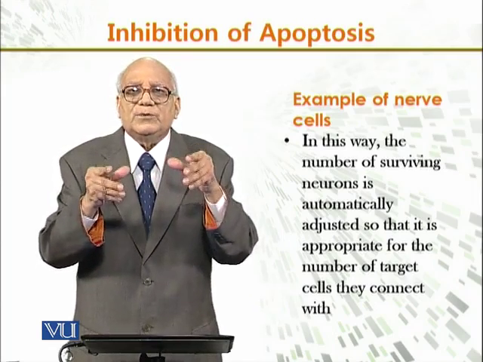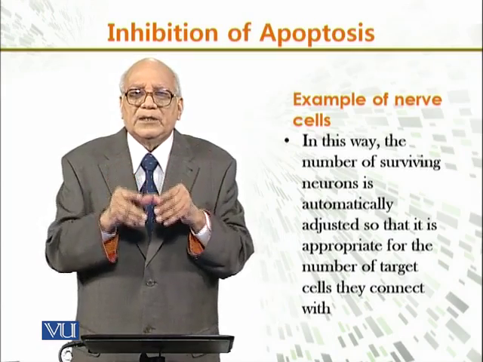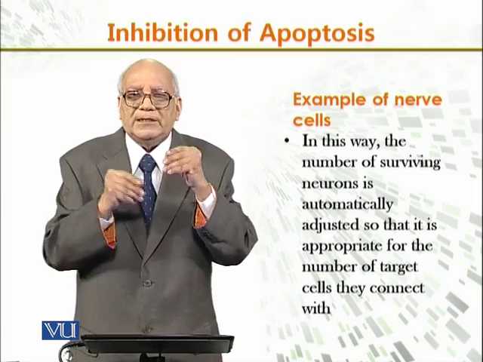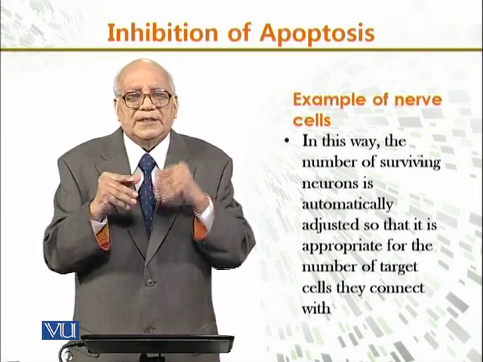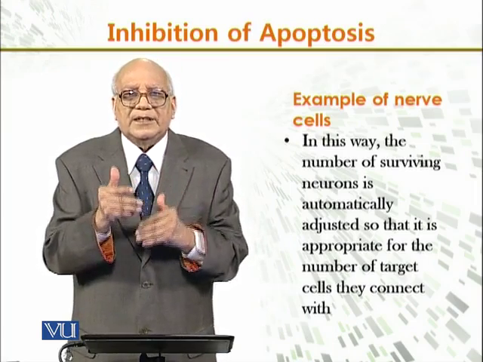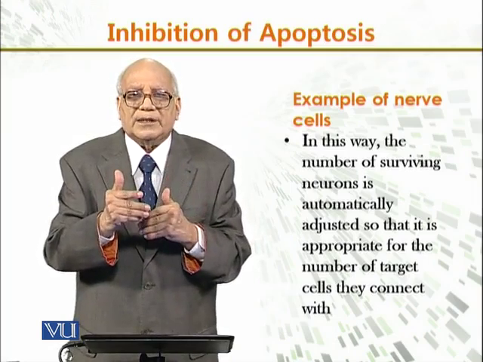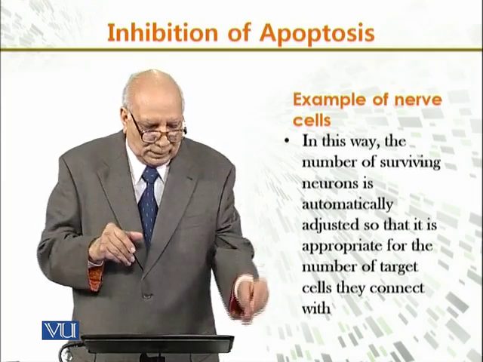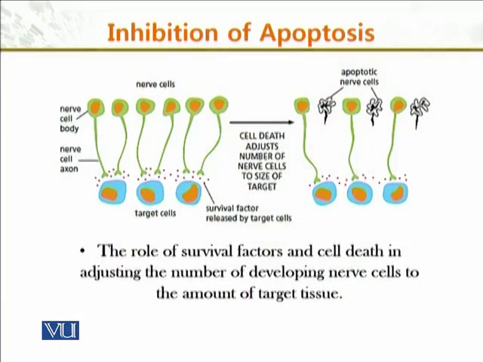कि जो सर्वाइवल न्यूरॉन हैं, जो न्यूरॉन सेल्स हैं, वो ऑटोमेटिकली एडजस्ट हो जाते हैं, so that it is appropriate for the number of target cells they are concerned with. कि जितने भी सेल के नंबर हैं वो उनको चाहिए, वो उतने अप्रोप्रिएट मुनासिब रहते हैं.